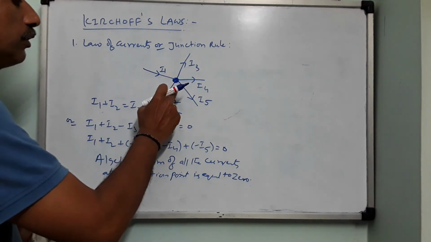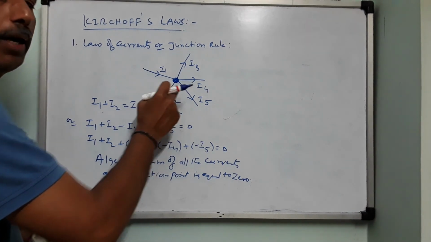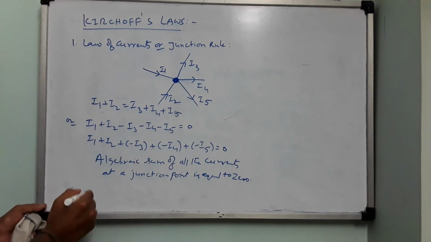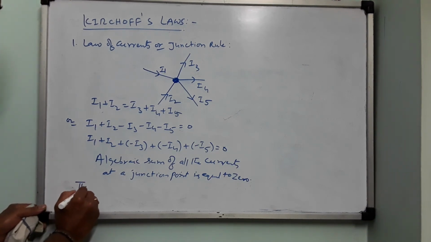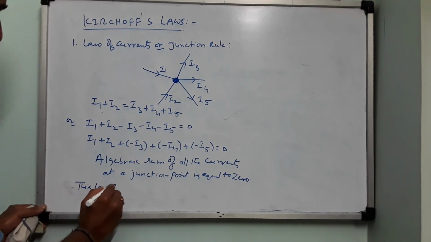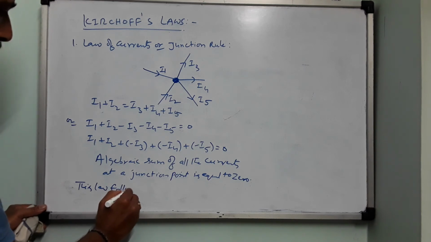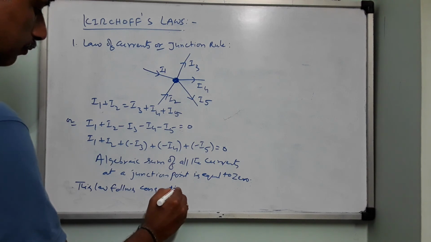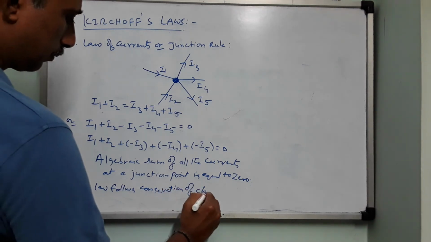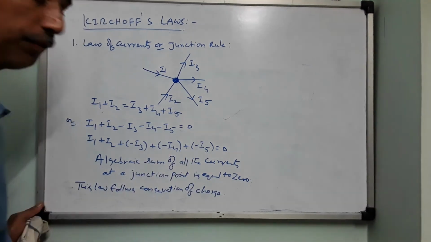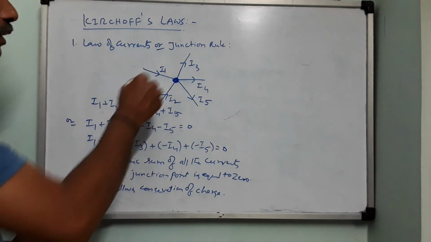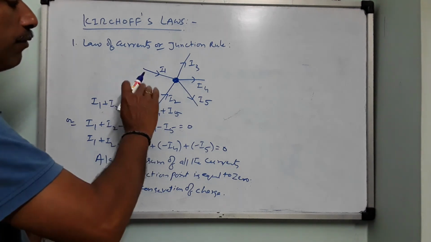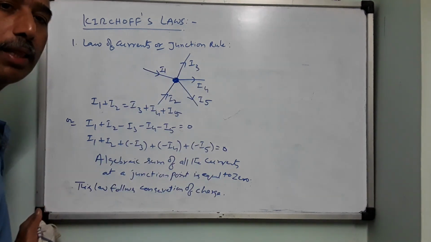Therefore, net current at this junction point should always be equal to 0. So this law follows conservation of charge. Conservation of charge principle. That is, charge is neither created nor destroyed at the junction point. Charge from one side will be transferred to the other side.